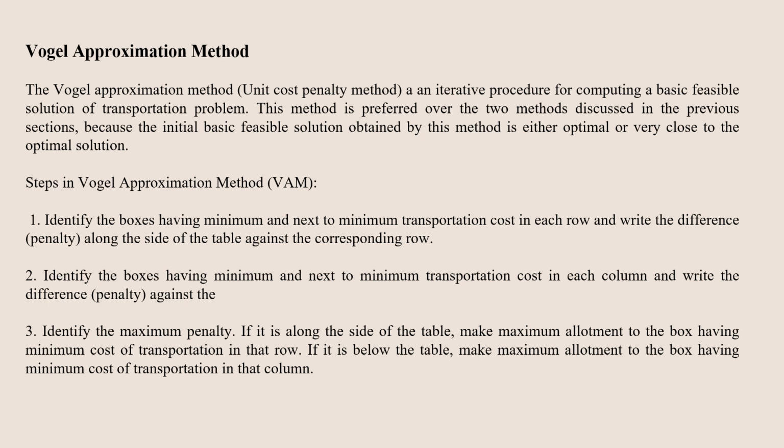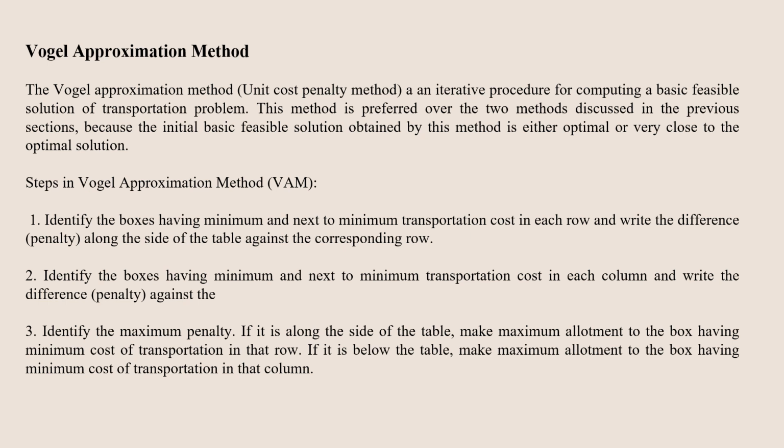We will move towards the next method for the transportation model, that is the Vogel approximation method. The Vogel approximation method, also called the unit cost penalty method, is an iterative procedure for computing a feasible solution of a transportation problem.